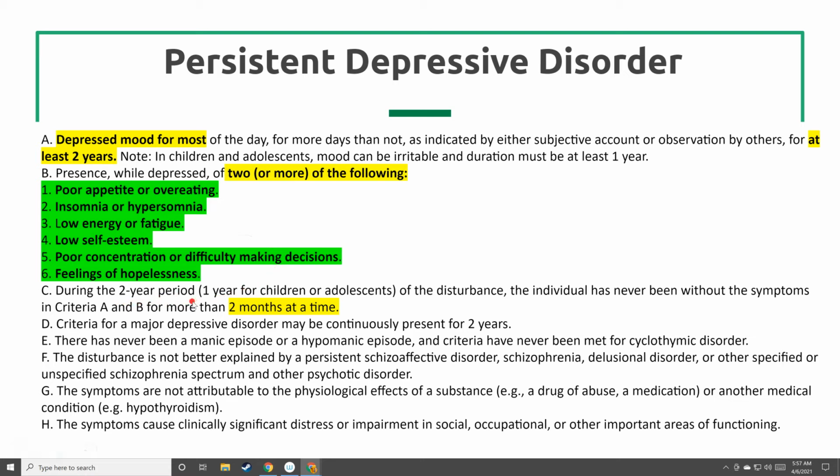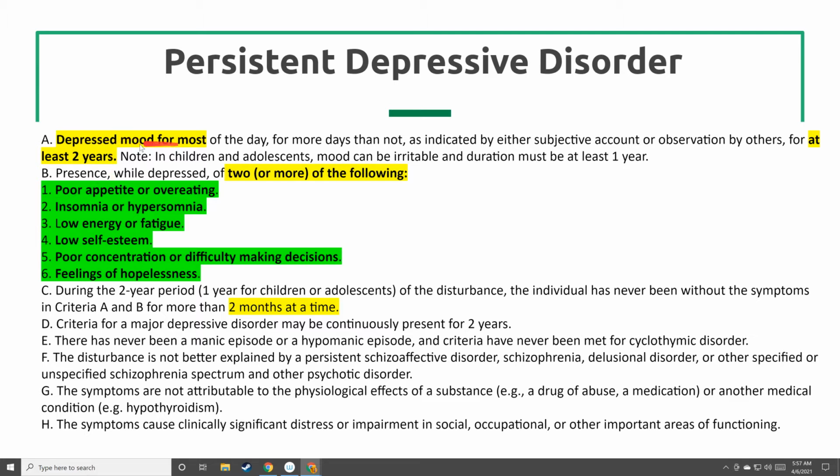During that 2-year period, only 1 year for children or adolescents. The individual has never been without symptoms in criteria A, right here, and B, for more than 2 months at a time. So it's this consistent low mood.